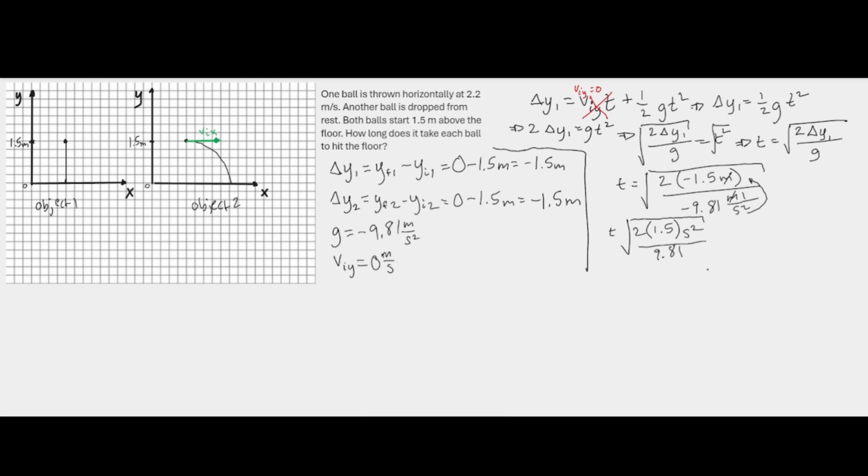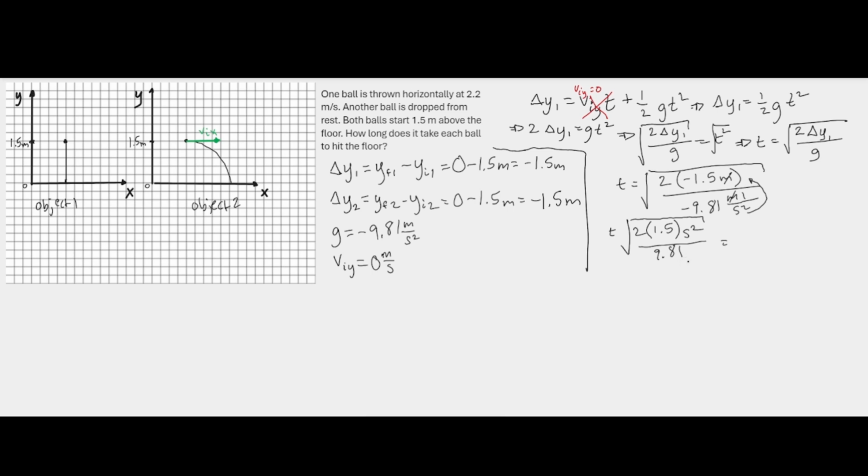First, 2 times 1.5 is 3, and then I'm going to divide it by 9.81.